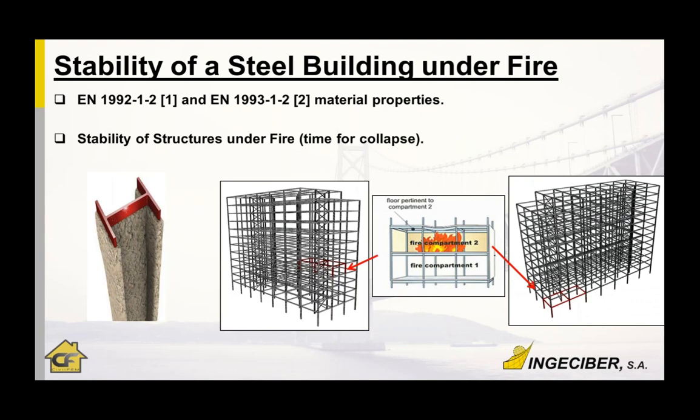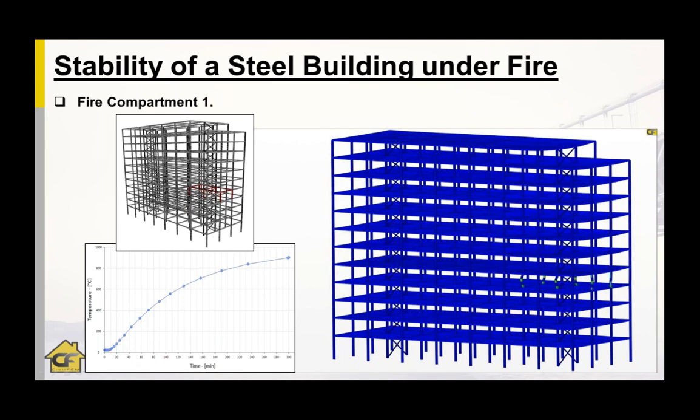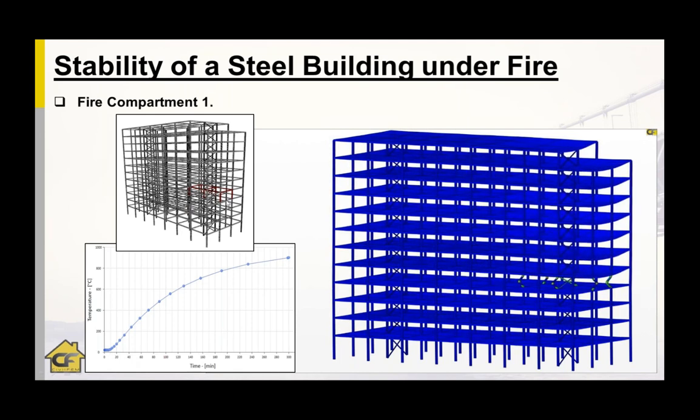Another example we already did in a webinar is the stability of a steel building under fire, with some insulation for the steel. In this building we apply a fire in two different compartments. In the first one we apply the fire, and this is the temperature versus time on the steel part that is covered by this insulation.